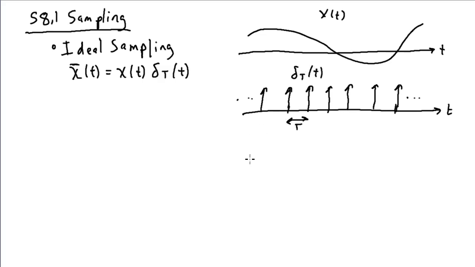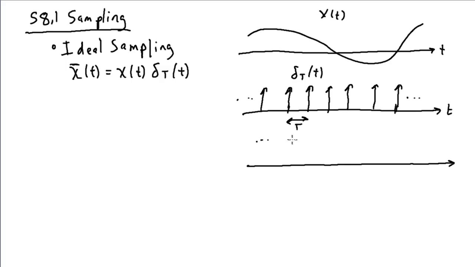So from the multiplication property of the impulse, what I get when I multiply these together is just another train of impulses whose weights are now equal to the corresponding values of x of t, x of t evaluated at the sample instances.